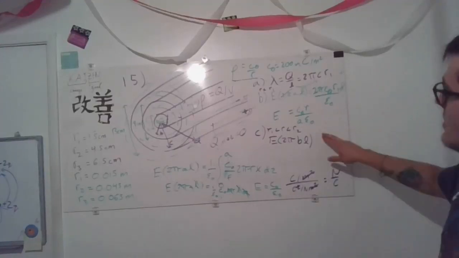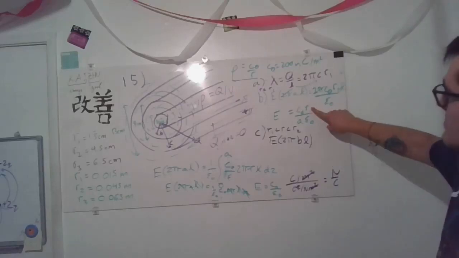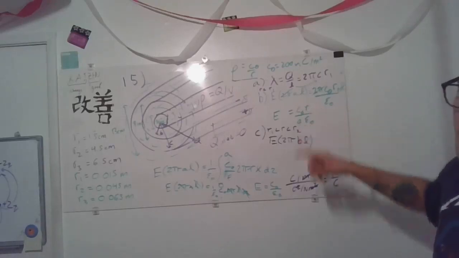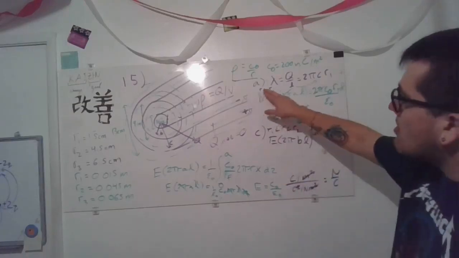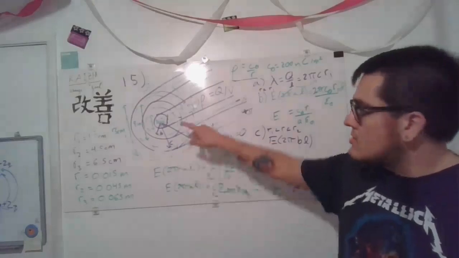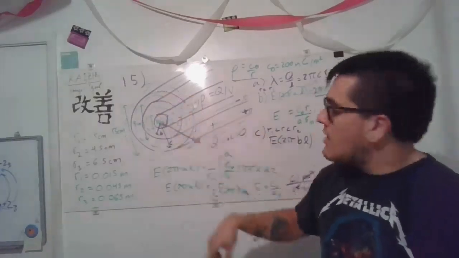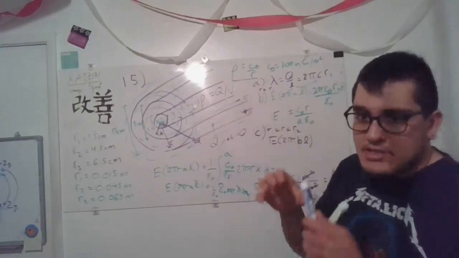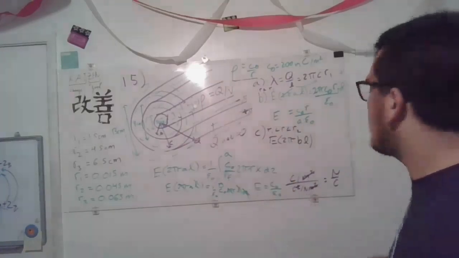You were right. Because really, this R here should have been A, which cancels out with the A on the bottom, because we're talking about R less than R1. R1 is the actual inner cylinder right here, and a radius less than that is not the total charge. So you're right.